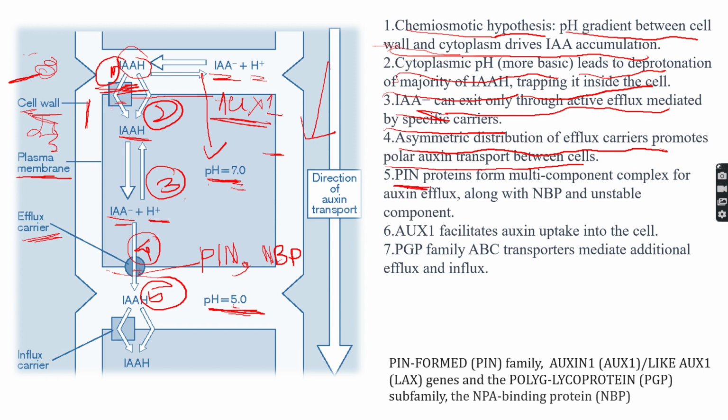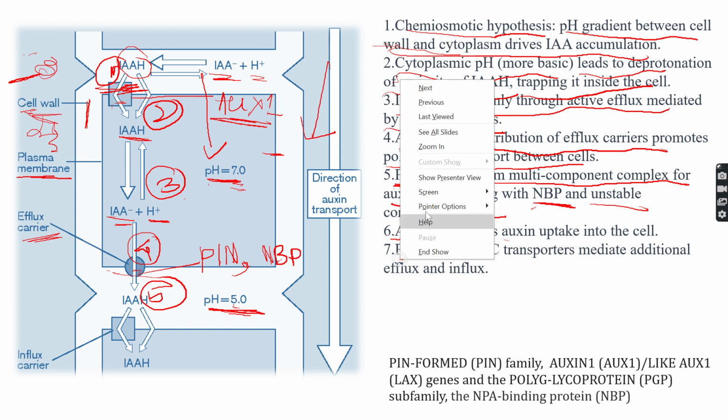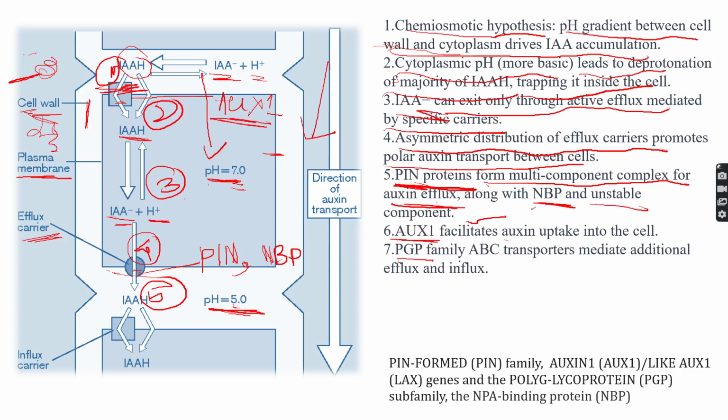Yes, this is very important. These efflux carriers are mostly PIN proteins, which form a multi-component complex for auxin efflux, along with another category of protein, that is NBP, and also some unstable components. So AUX1 is basically an influx carrier, and apart from AUX and PIN, there are other families such as the PGP family and ABC transporters responsible for the efflux and influx of your auxin.